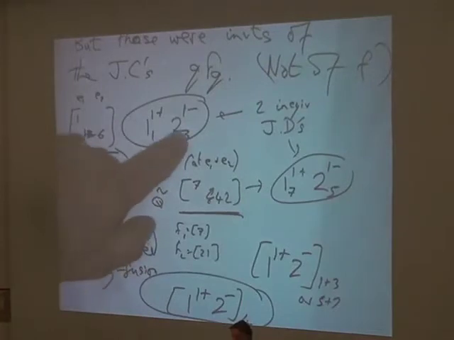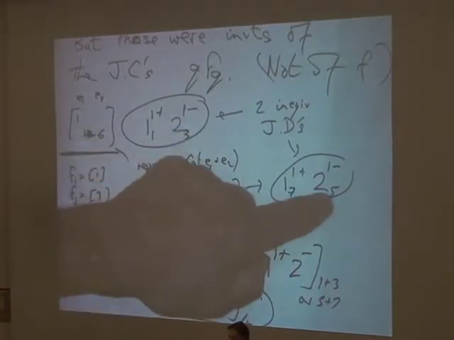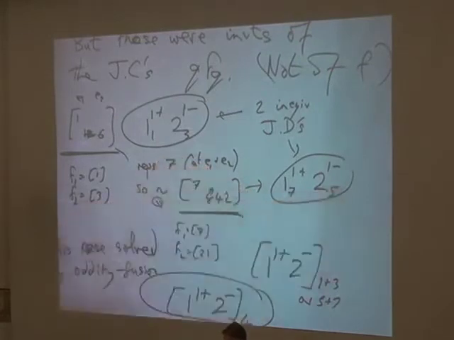Now 1 plus 3 is 4, and 7 plus 5 is 4, mod 8. Remember, these things are only defined mod 8. And so these both correspond to this symbol.